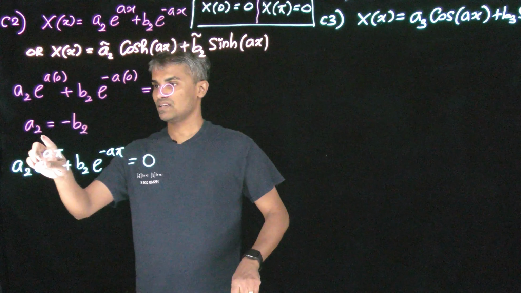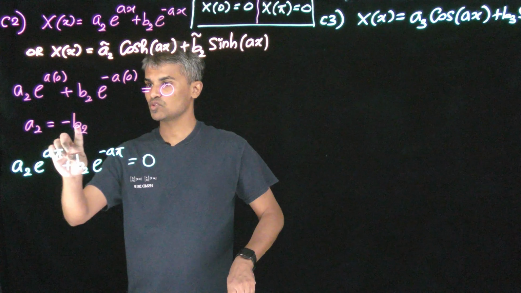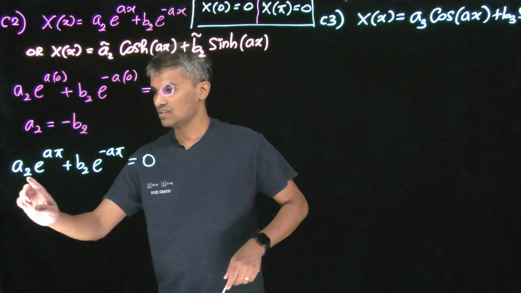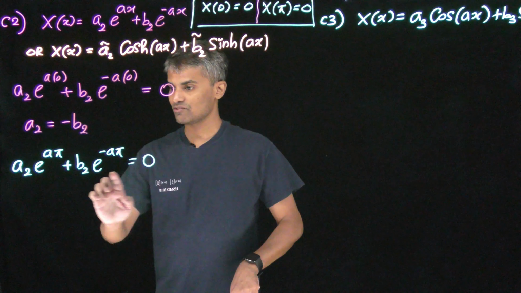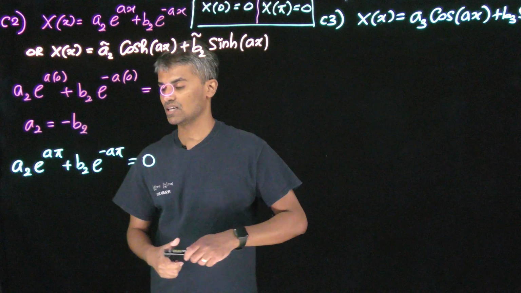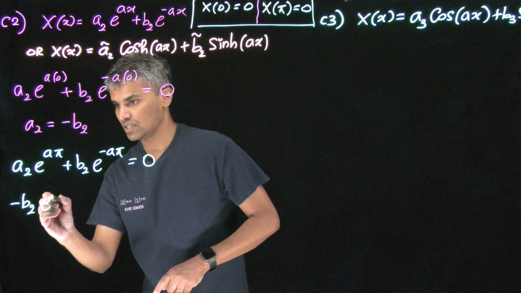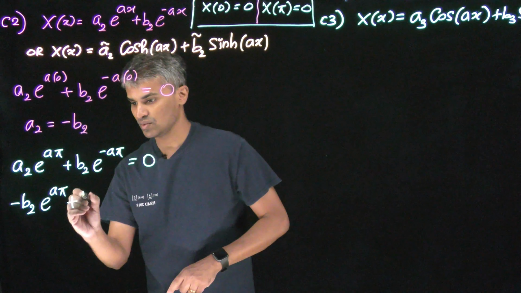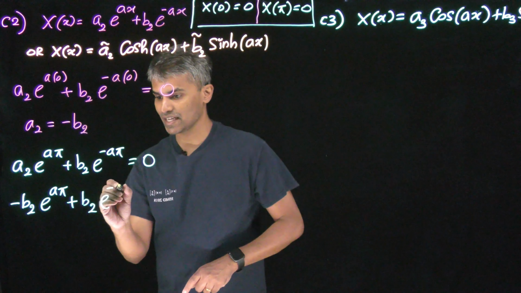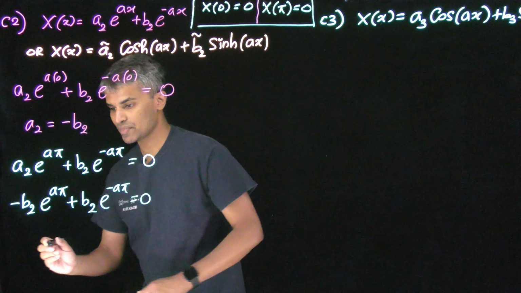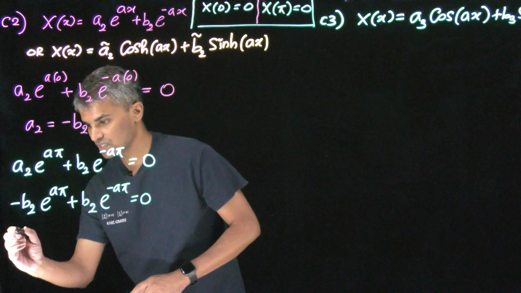Okay. But the value of a2 equals negative b2, so what we could do is express this equation in terms of b2 only. So we have minus b2 e to the a pi plus b2 e to the negative a pi equals 0. Okay, let us factor out b2 from these two terms.